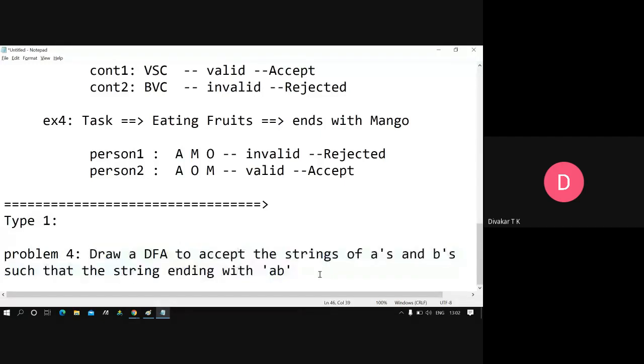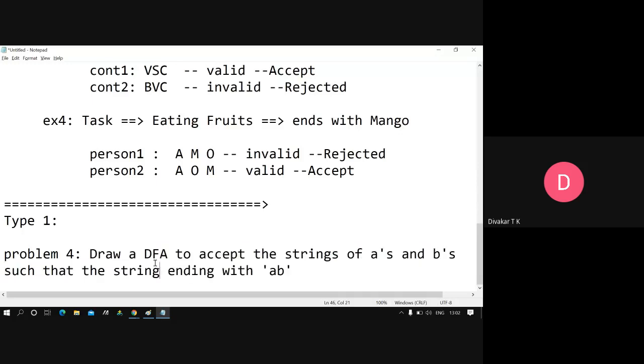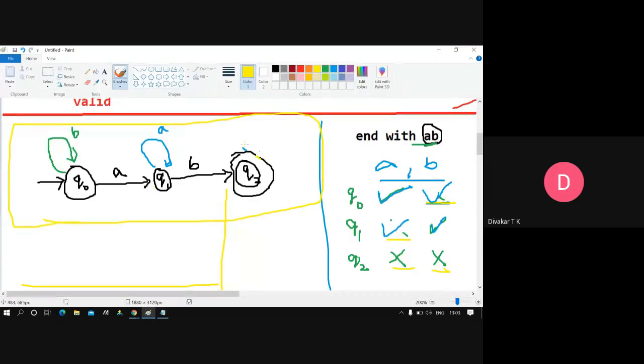We have seen: draw a DFA to accept strings of A's and B's such that the strings end with AB. The DFA diagram should contain the symbols A and B, and it should end with AB. We got stuck in some area.